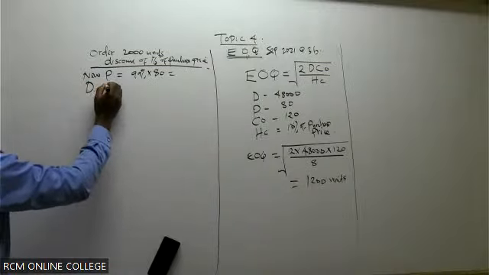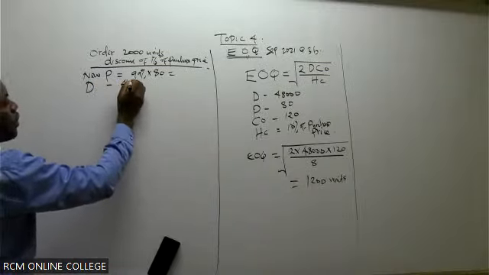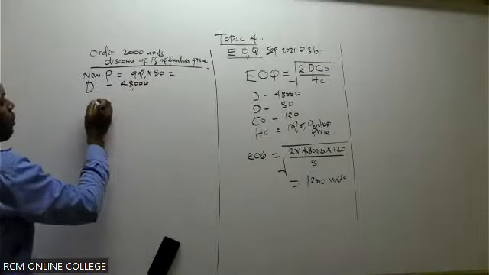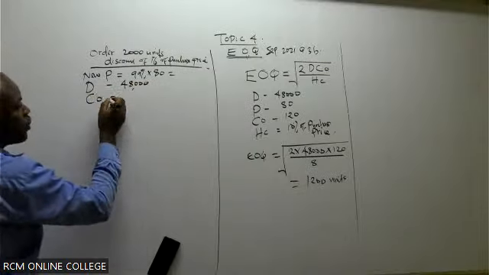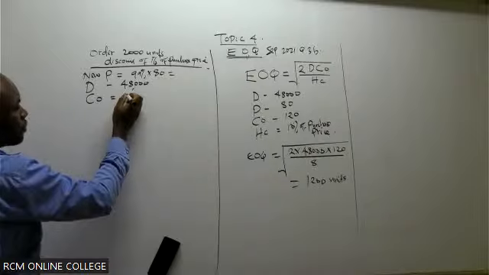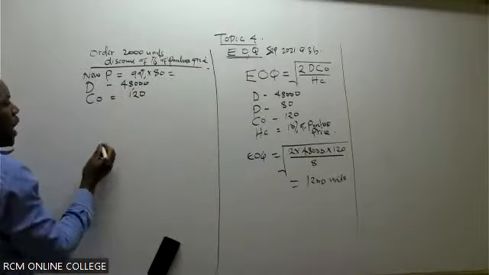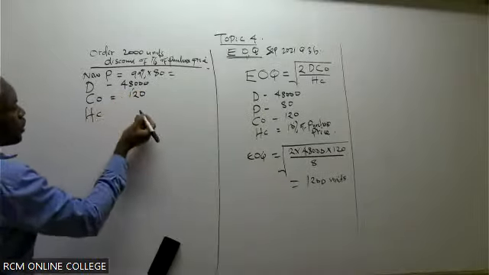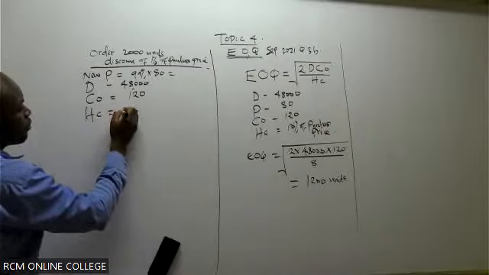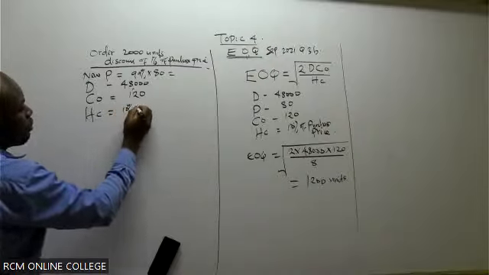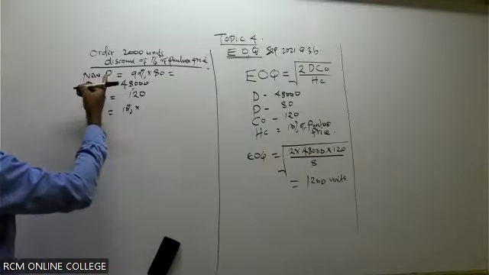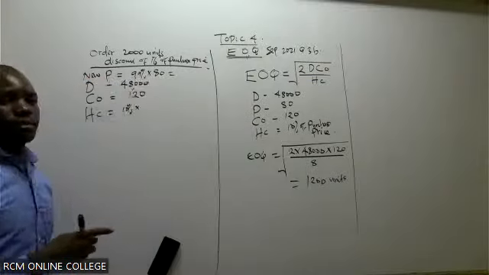Demand has not been affected. It is still 48,000. About ordering cost, it has not changed. It is still 120. About holding cost, it is now changing because it is pegged on the purchase price. So can you give me the new purchase price?